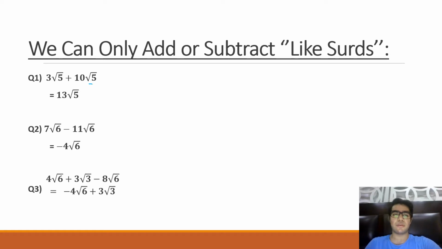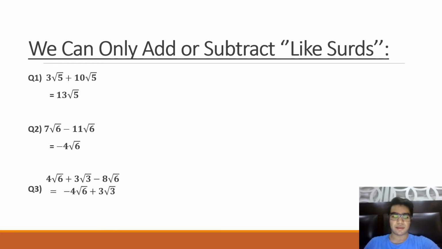We leave the square root as it is, we do not change it. We just need it to identify which are the like surds. So these are like surds, and we just add the number in front. 3 plus 10, 13 times root 5.